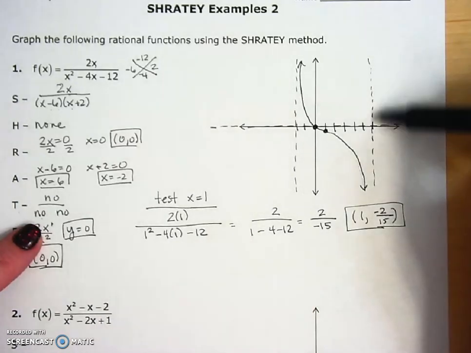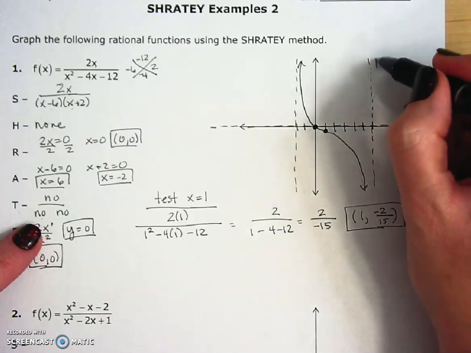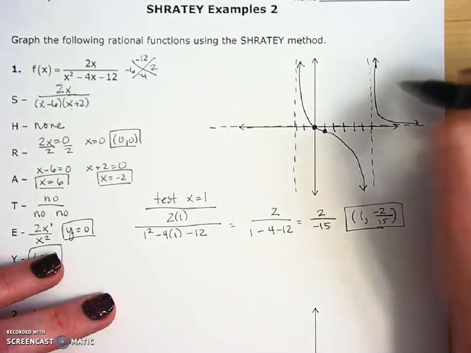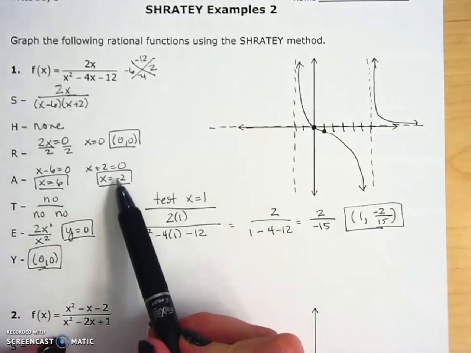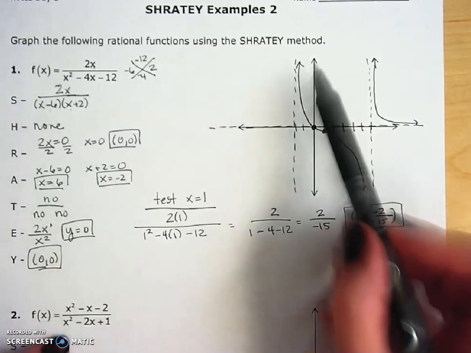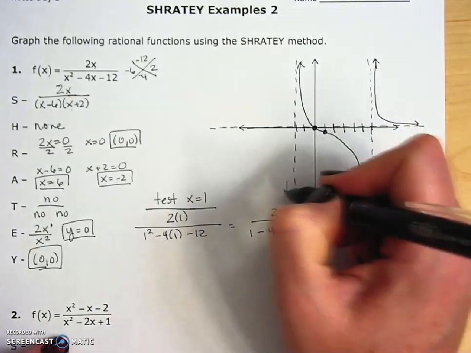So here's where x is 6. So if it's down on the left, it's going to be up on the right. So now there's where my L shape is. And then at x equals negative 2, I said not together. So if it's up on the left, it's going to be down on the right.